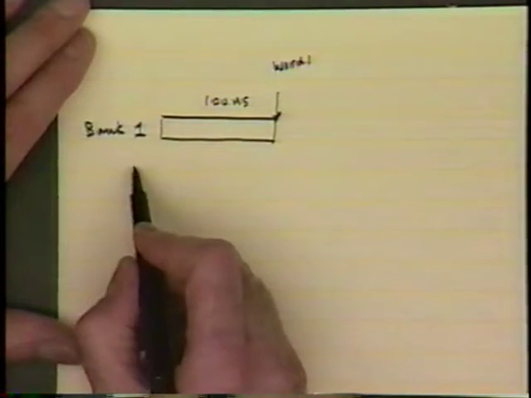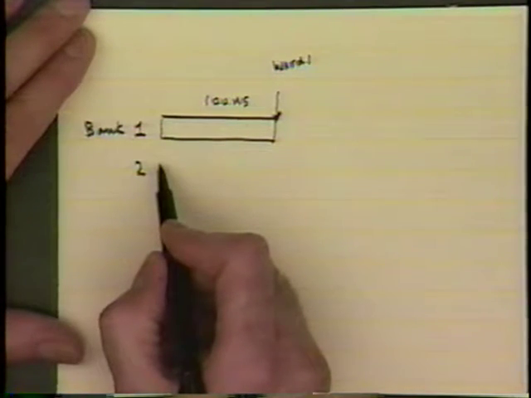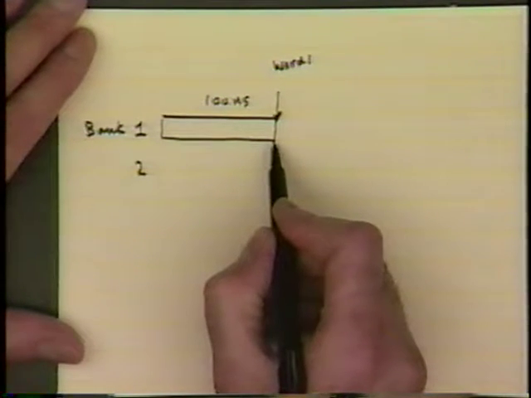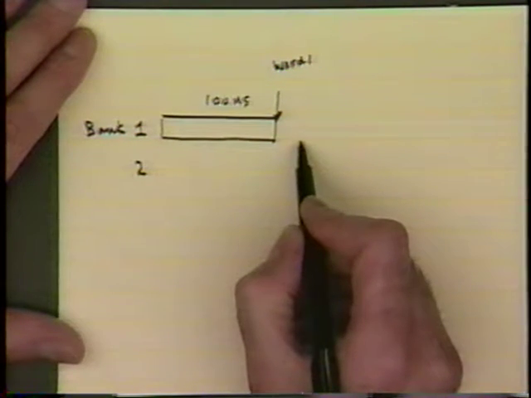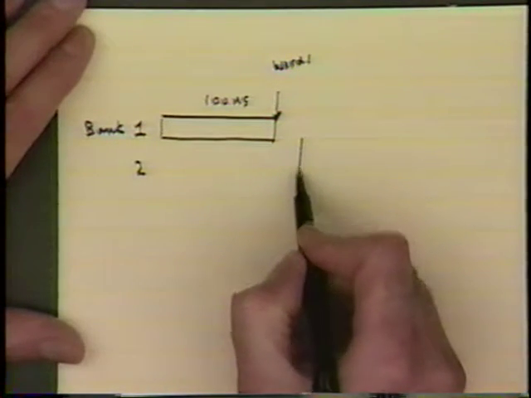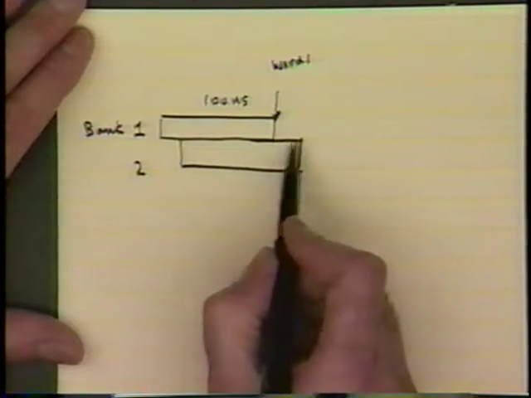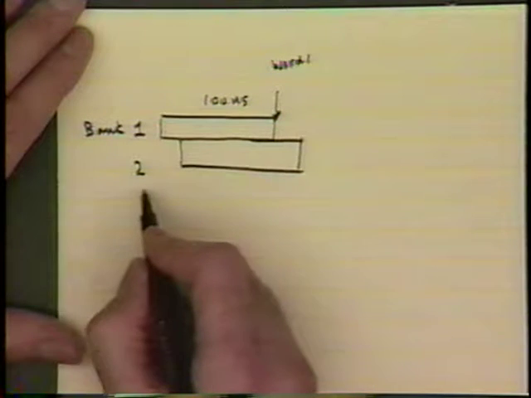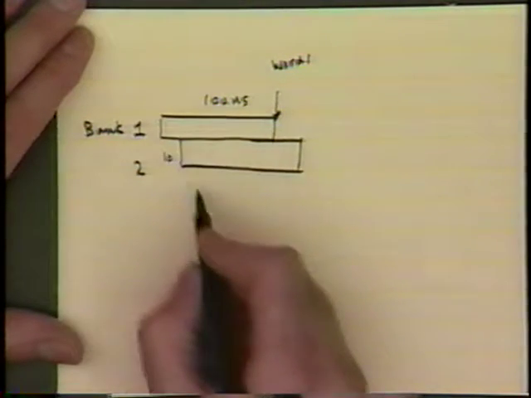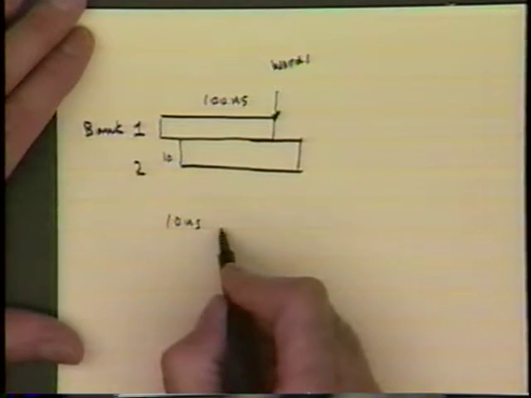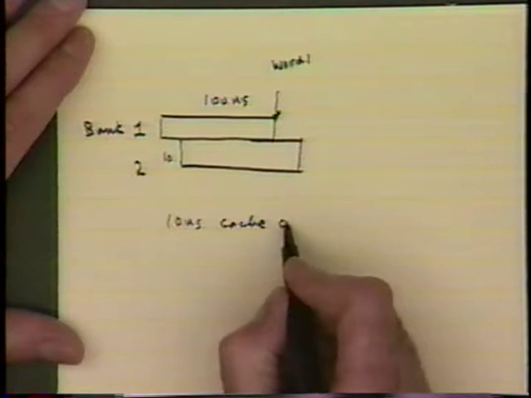If you start bank 2 at the same time, then its data is going to be available at the same time. The cache can't read it at the same time, so it's going to have to read it a cycle later, a cache cycle later. So one way to envision that is that we started the access to bank 2, let's say 10 nanoseconds later, if 10 nanoseconds is the cache cycle time.